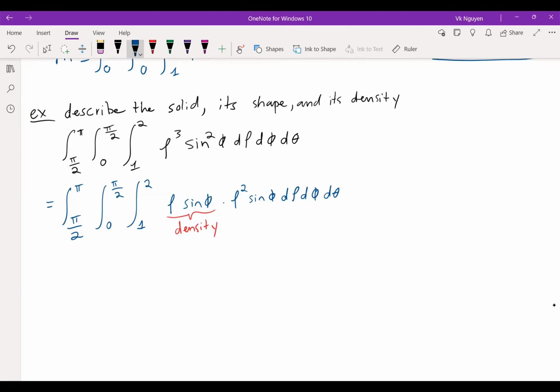Okay, so we have rho from 1 to 2, so this tells us that it is between two spheres here.